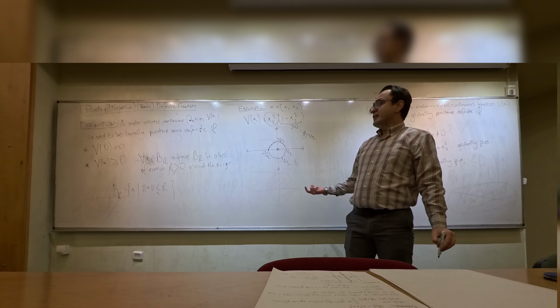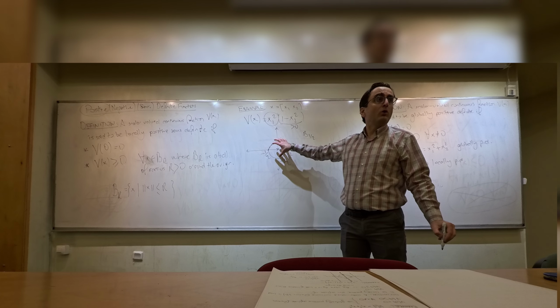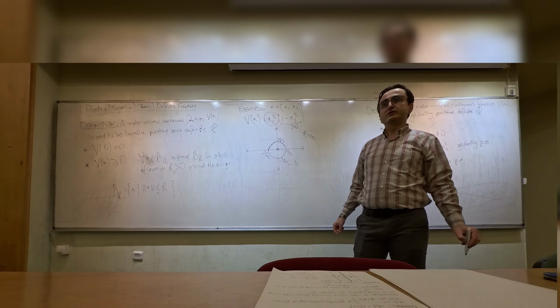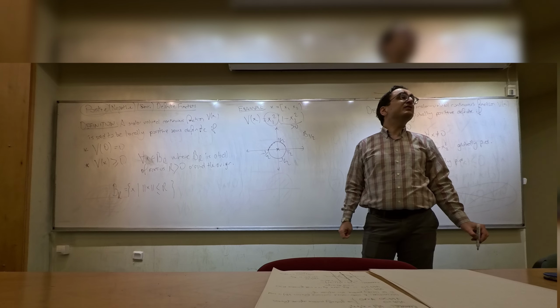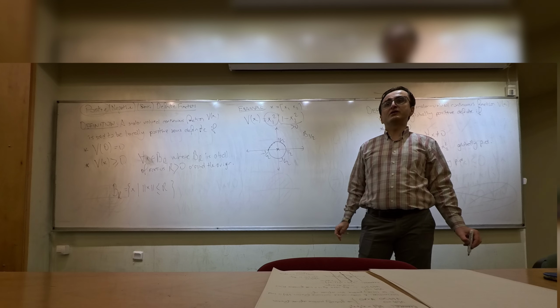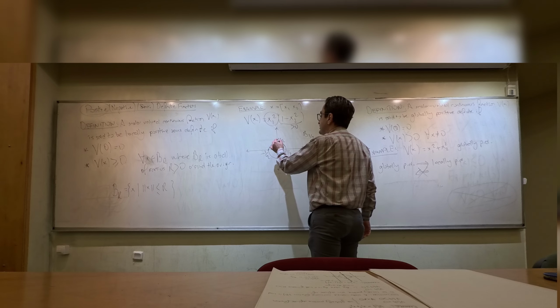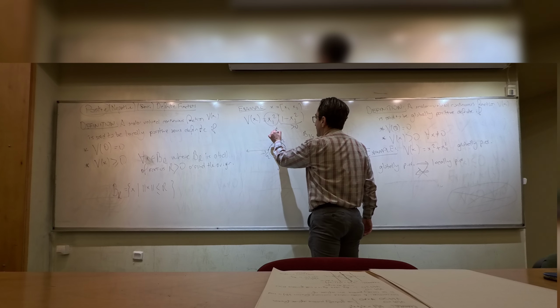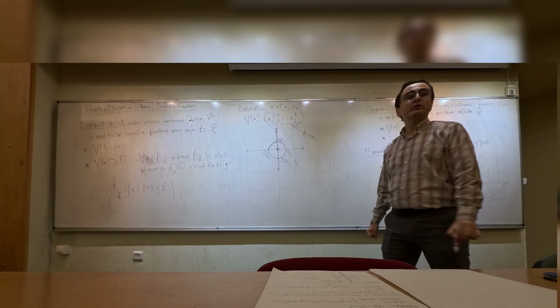The question is, can this function take 0 values in this ball other than at the origin? Yes. If x1 is equal to 0, for example, the function is going to be 0 everywhere on the x2 axis.